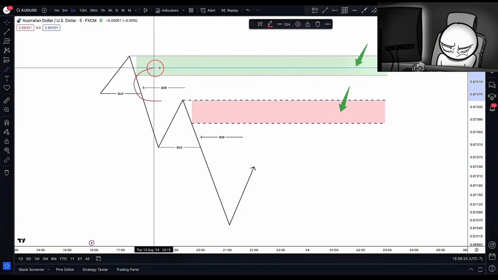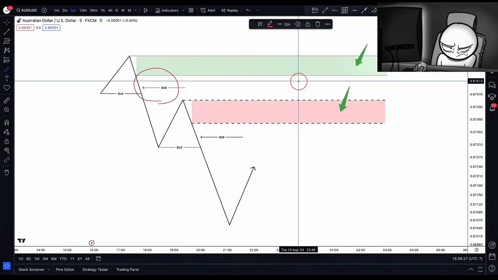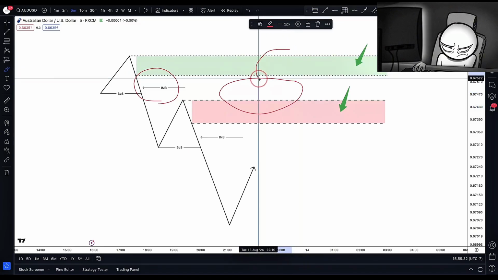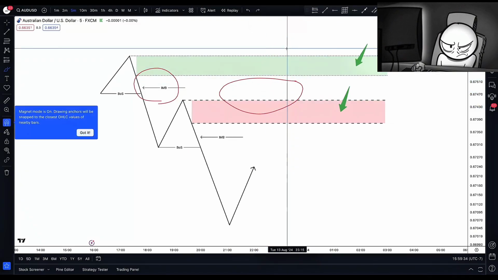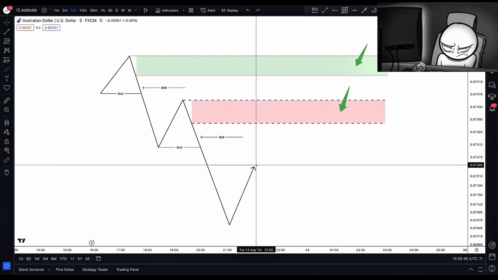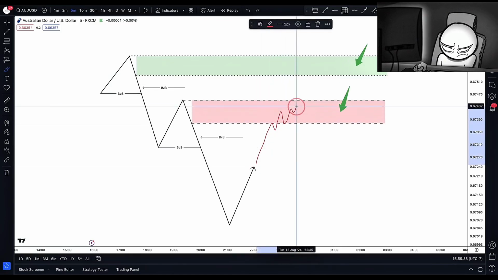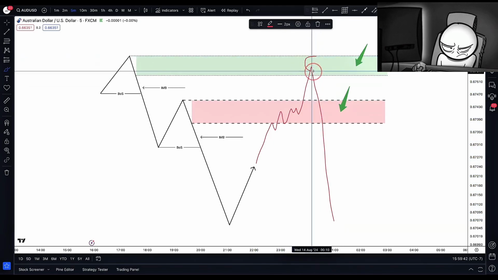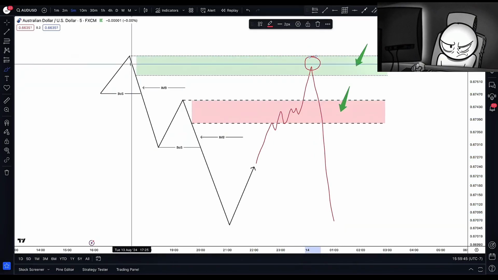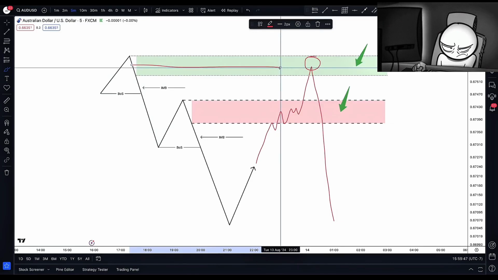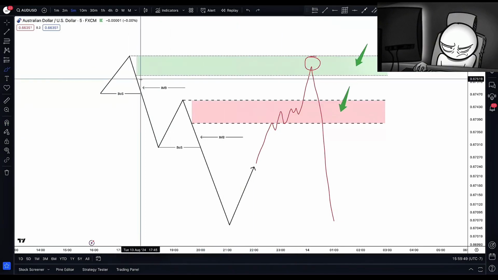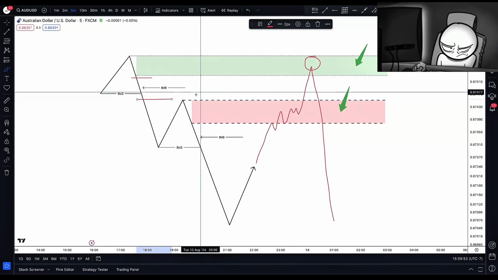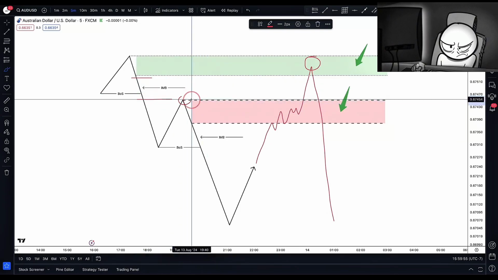So because of this imbalance that's left open, and because of all the liquidity that we'll be collecting within this area, as well as the orders situated in this area, we have a pretty good understanding that the market is unlikely to respect this level and will instead push up to fill the higher area. A push through into this point would fill all of the orders situated in the higher supply zone, and it would also fill all of the orders situated in this imbalanced price region, or the liquidity above this swing high.